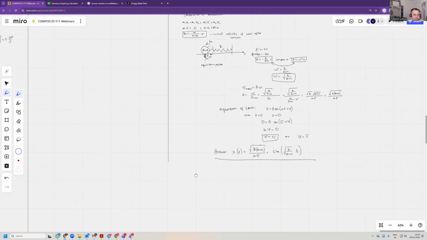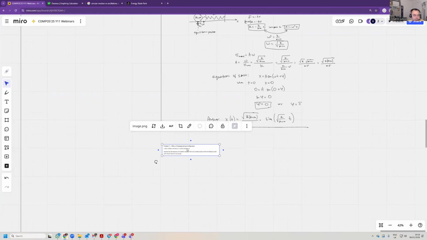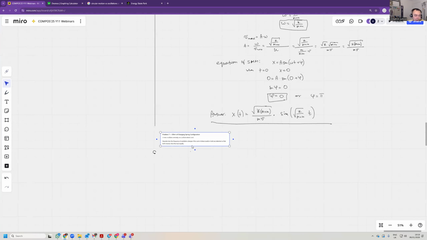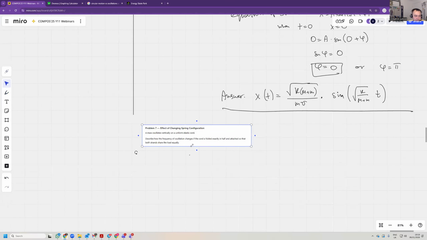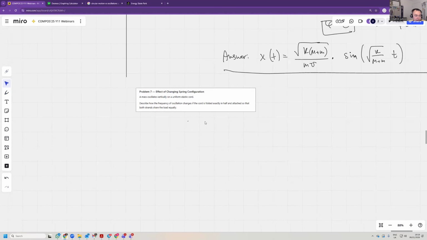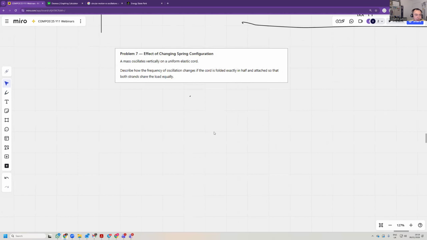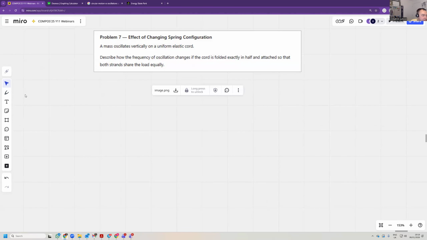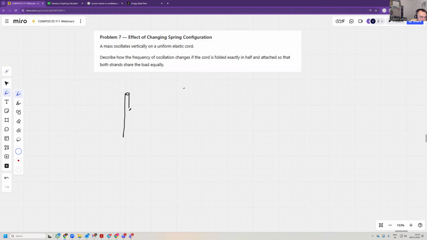The next one: effect of changing a spring configuration. A mass oscillates vertically on a uniform elastic cord. So we have an elastic cord and there's a mass, and it oscillates up and down.